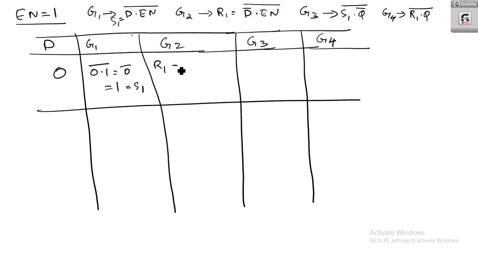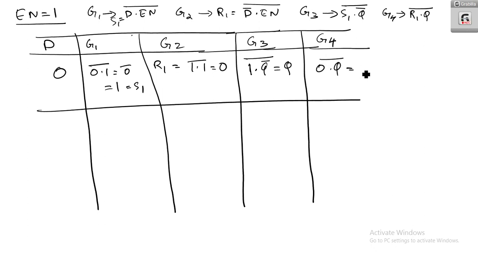R1 is equal to (D bar dot enable) the whole bar, that is (1 dot 1) the whole bar, which is 0. So you got R1 as 0. What is the output of gate 3? That is (1 dot Q bar) the whole bar, which is Q. And here R1 is 0, so (0 dot Q) the whole bar. What is it?